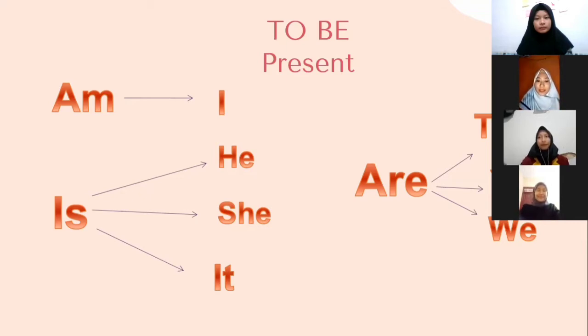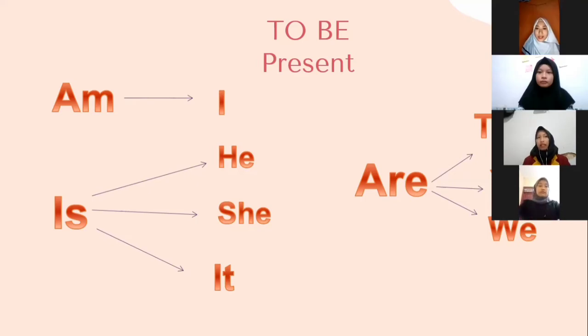Okay, and then I will give you an example of a sentence that uses to be present, to be are. For example, we are study English. We are study English. Is it correct, Rexa?